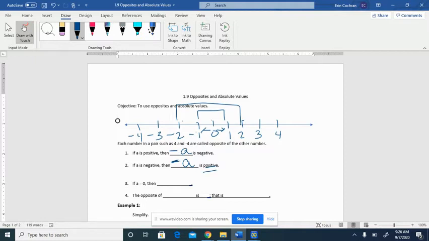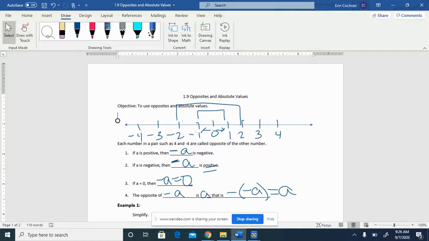If A is 0, then its opposite is going to be 0 also. The opposite of a negative A is A. That is, negative negative A is equal to the positive A.